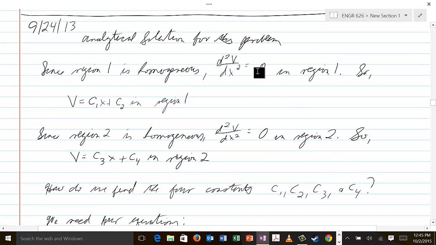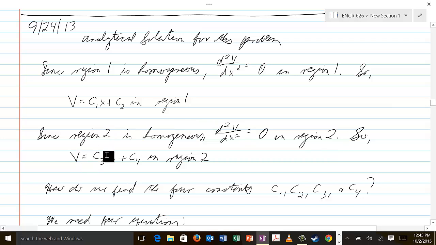How would we solve this problem analytically? Well, since region 1 is homogeneous, we have d squared V dx squared equal to 0 in region 1. And as we learned before in project 1, that means that the solution in region 1 must have the form c1x plus c2. Likewise, region 2 is also homogeneous, and so V must have that same kind of form in region 2 as well.